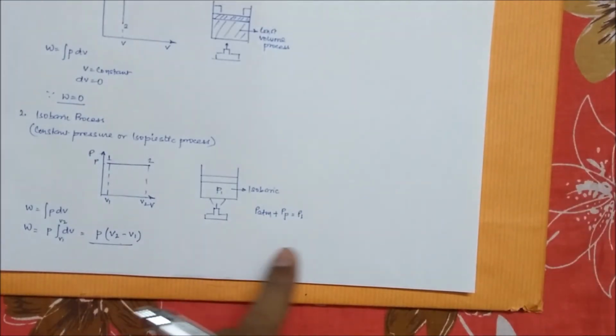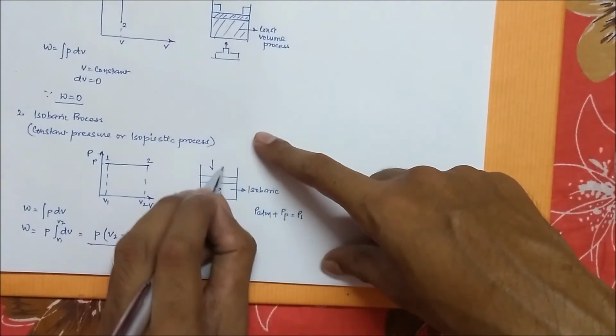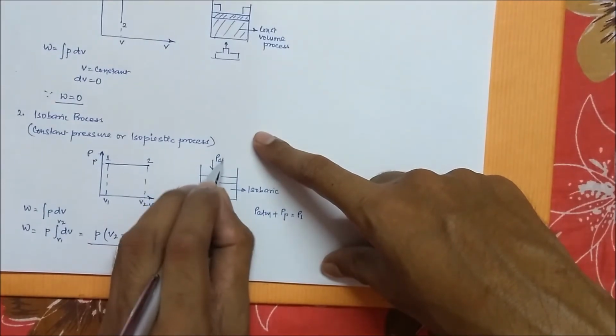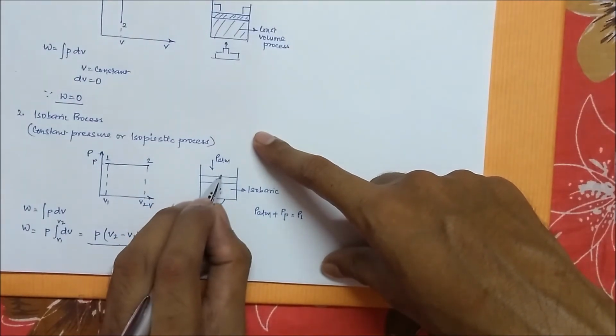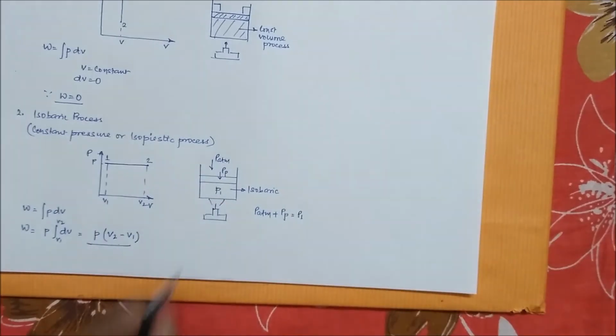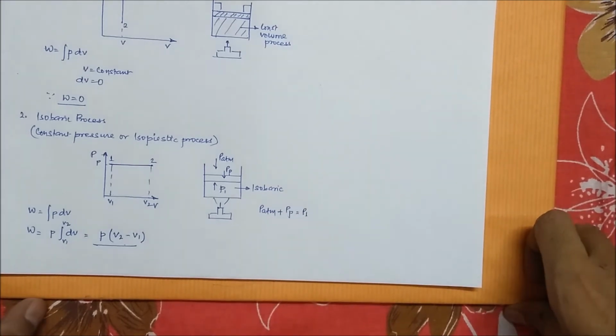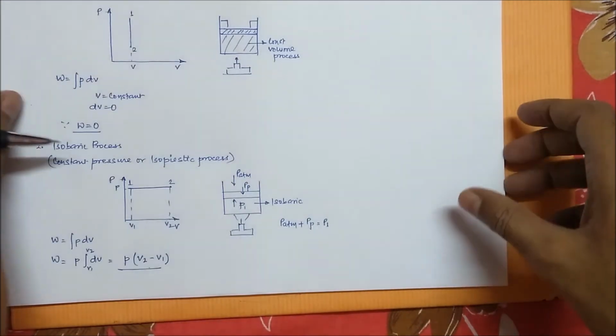This means P1 will work against the atmospheric pressure and the pressure due to this piston. And it's a constant pressure process, an example of a constant baric process.